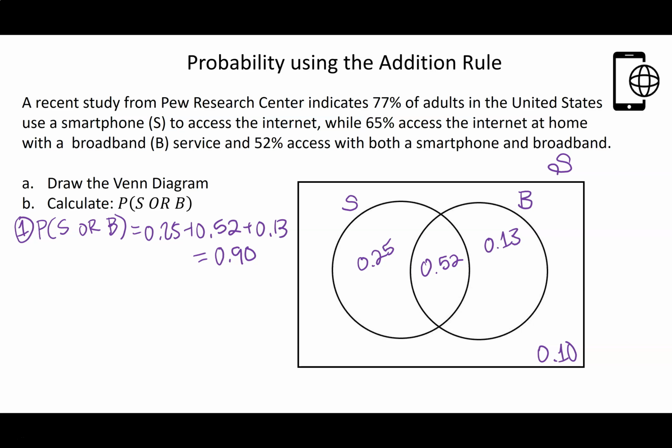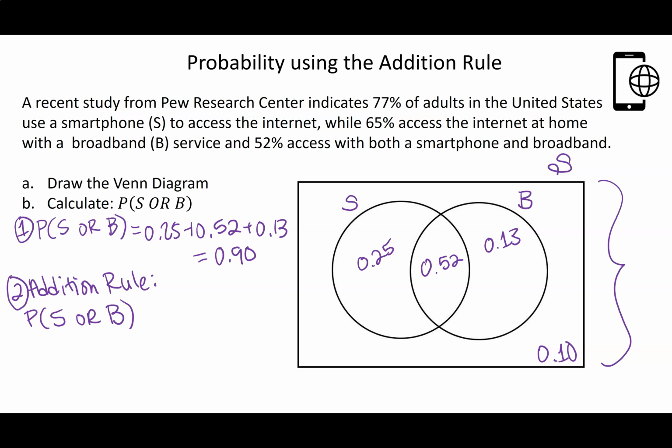But now we're going to use addition rule. So that is probability S or B. And this one's handy because if you have all the probabilities labeled correctly somewhere, you don't necessarily have to draw out the whole Venn diagram. I personally am very visual, so I like the Venn diagram, but you know, everyone has different preferences here. So it's going to be the probability they have a smartphone plus the probability they have broadband minus the probability of both.